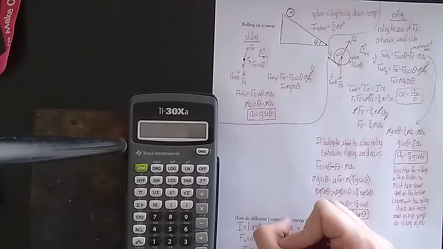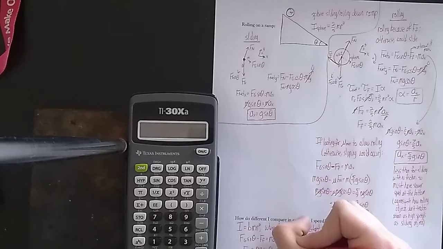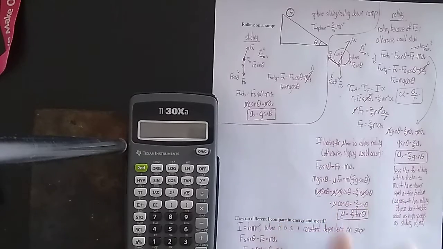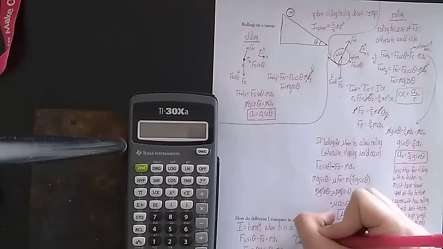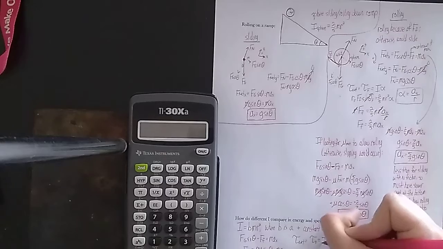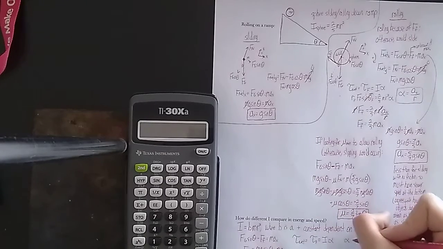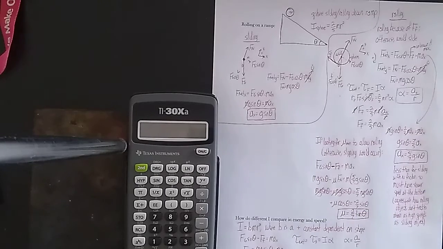Force of friction equals mg sine theta minus max. Now, I'm going to put that into my net torque equation. Remember that that was the torque from the force of friction equals I alpha. And again, remember that alpha equals the linear acceleration divided by r.